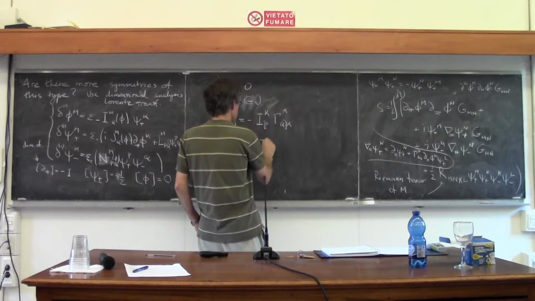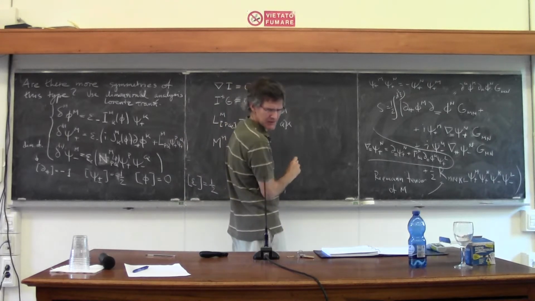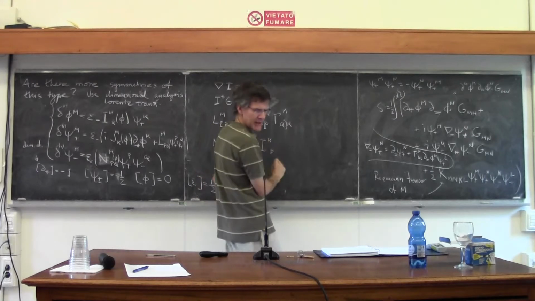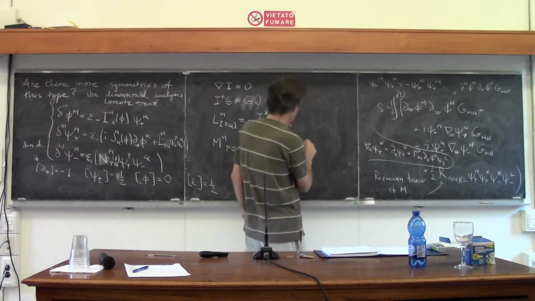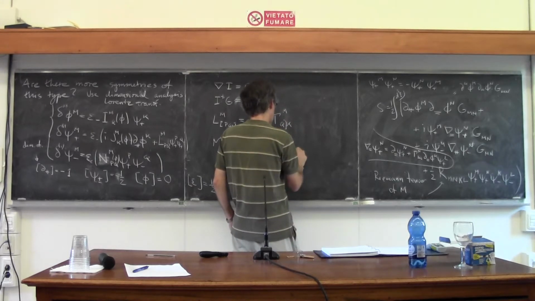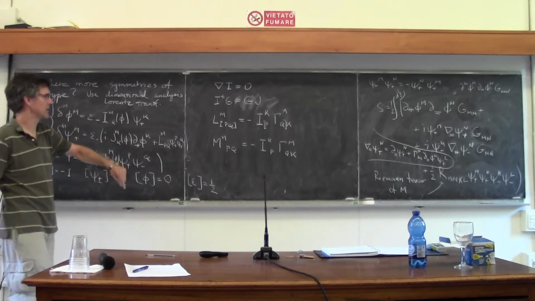So you get a bunch of interesting looking geometrical conditions on these objects that I postulated, or were part of the ansatz, involving I, J and all these objects.